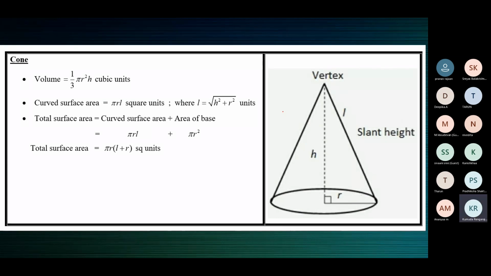That's what is 1/3. Or the volume of the cylinder is 3 times the volume of the cone of the same radius and height. Volume of cylinder of radius r and height h is equal to 3 times the volume of a cone of the same radius and height.